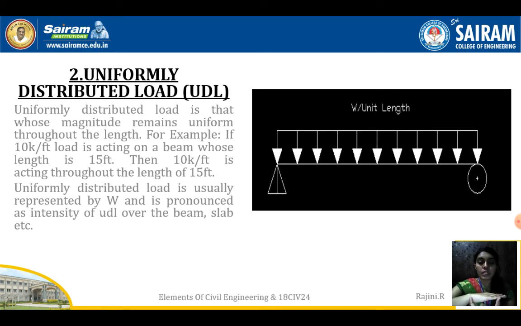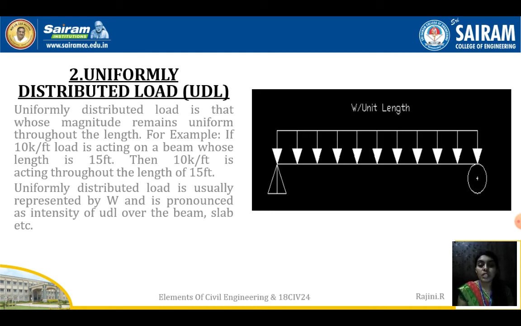Our point load is acting only at that particular point. But UDL, that is uniformly distributed load, acts with the same intensity throughout the length of the beam, right? Uniformly distributed load is that whose magnitude remains uniform throughout the length.